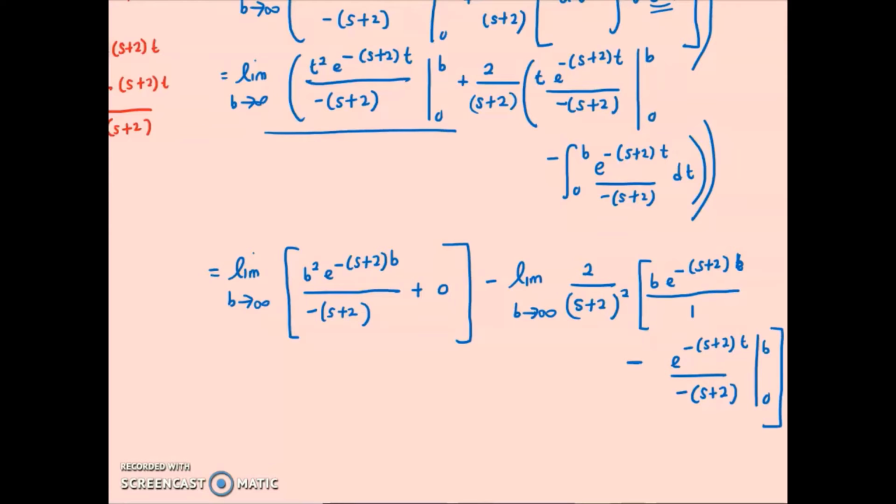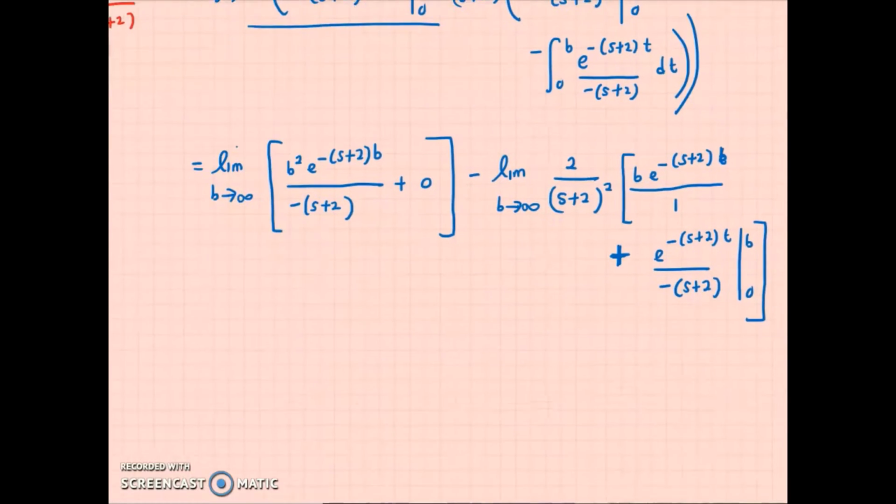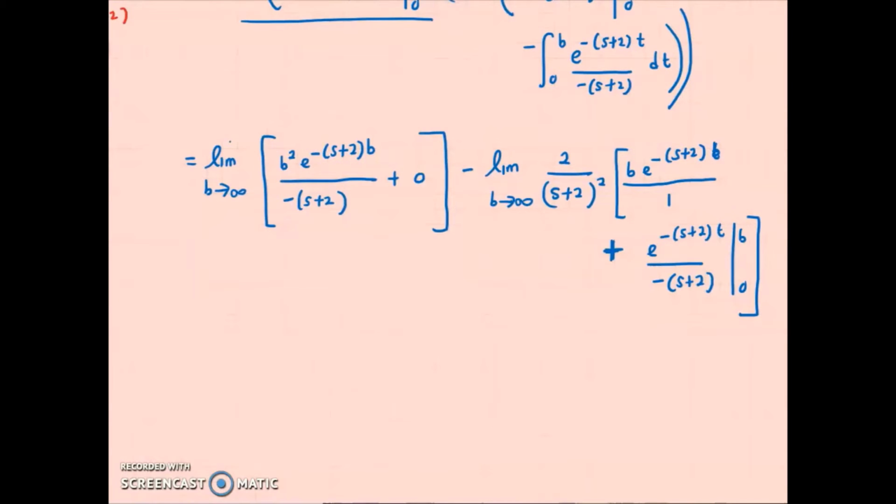So early on, this negative (s+2), you take it out as negative here. So minus here will be positive. And then what happened? Integrating e^(-(s+2)t) will give you e^(-(s+2)t) over -(s+2). Okay, let's simplify. So we know that as b approaches infinity, this term blows out, nothing. What about this term here? You have 2 over (s+2) squared, limit as b approaches infinity.